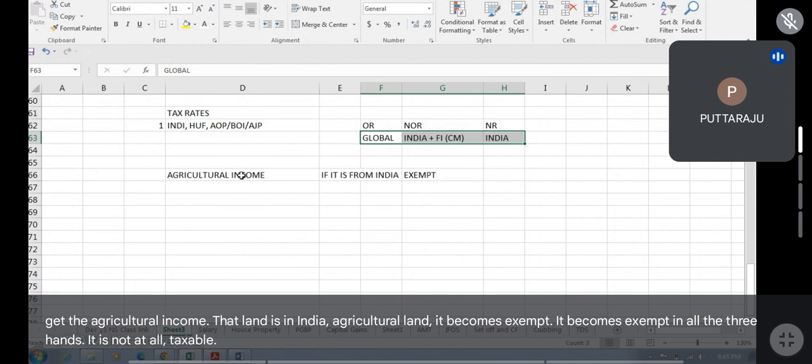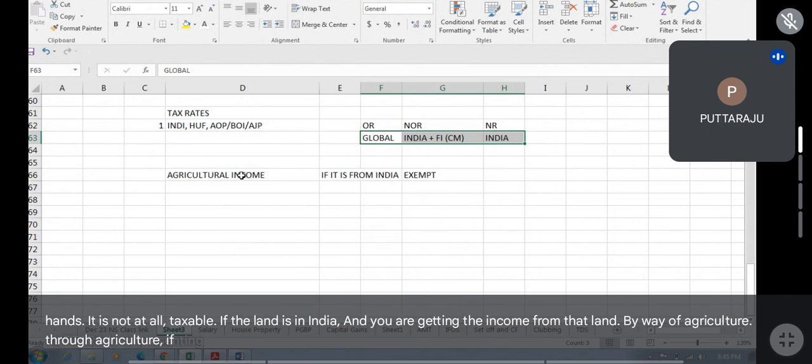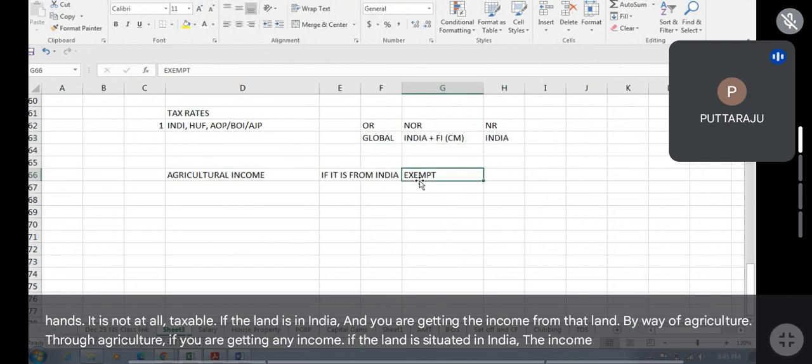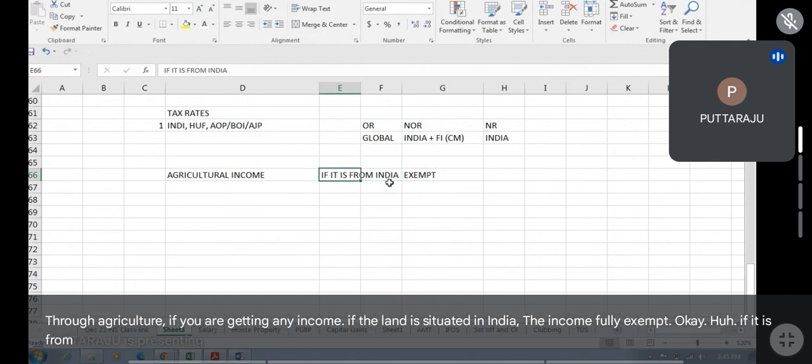If the land is in India and you are getting income from that land through agriculture, the income is fully exempt.